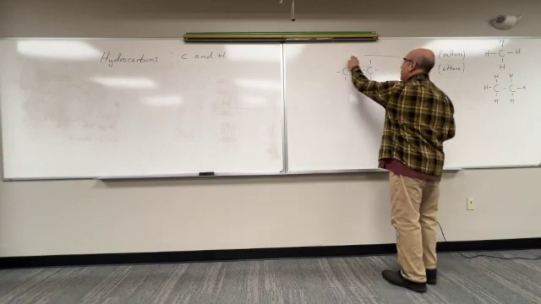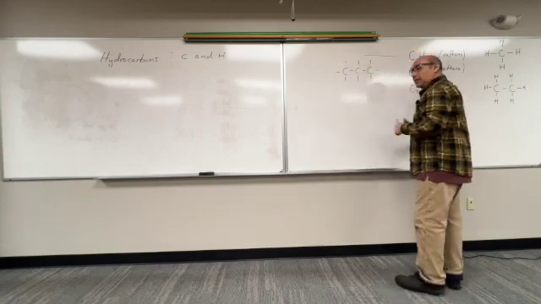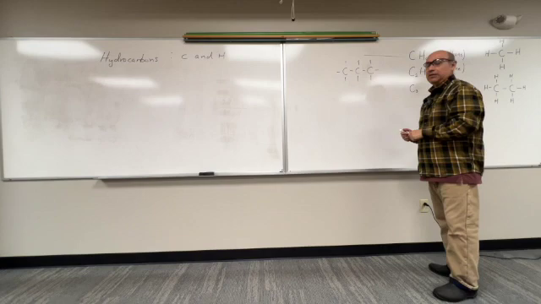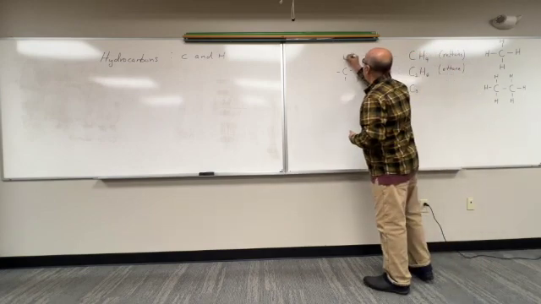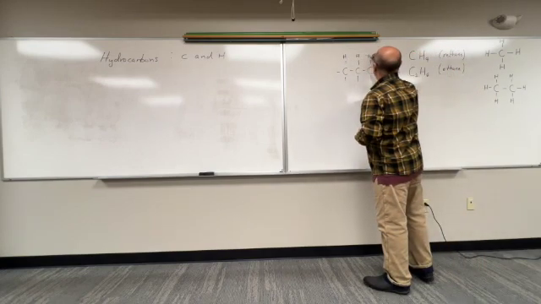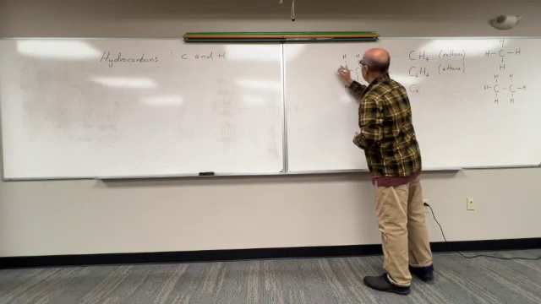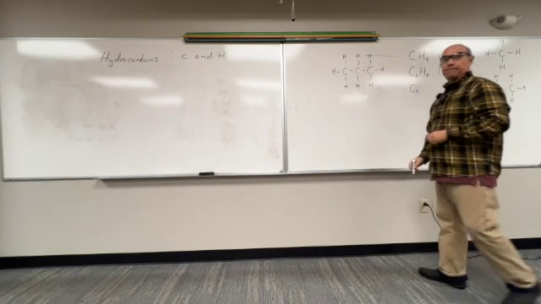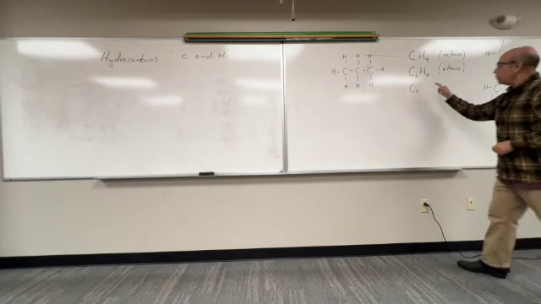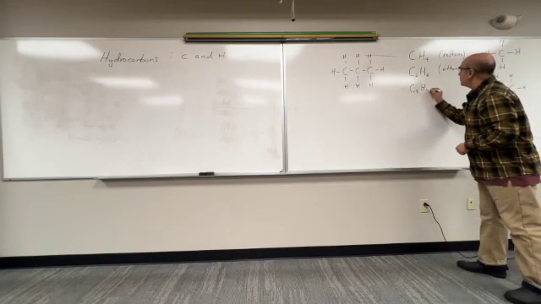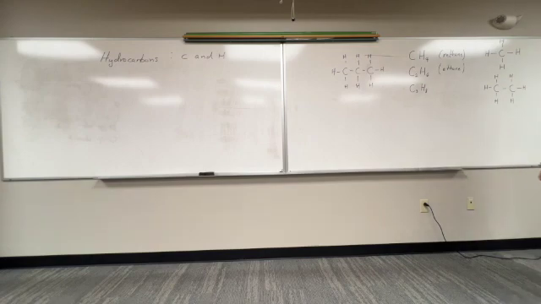Now, the rest in a hydrocarbon has to be hydrogen. There's no other way. So how many hydrogens are we going to put? 1, 2, 3, 4, 5, 6, 7, 8. So the next part of this formula goes like that.